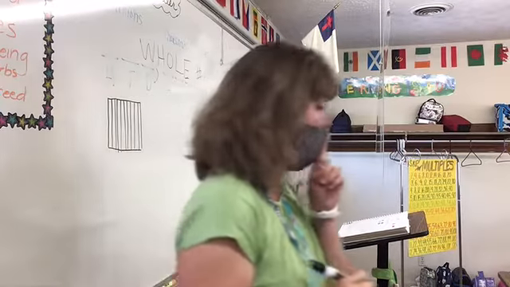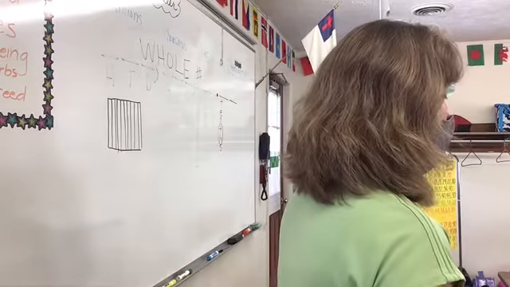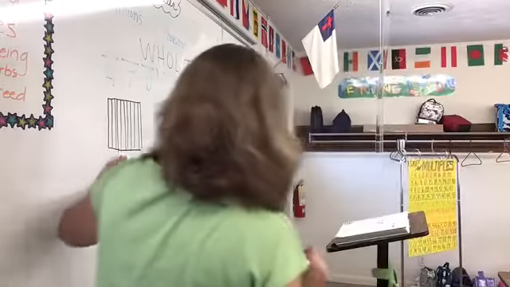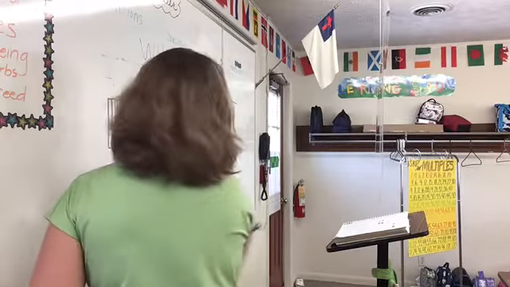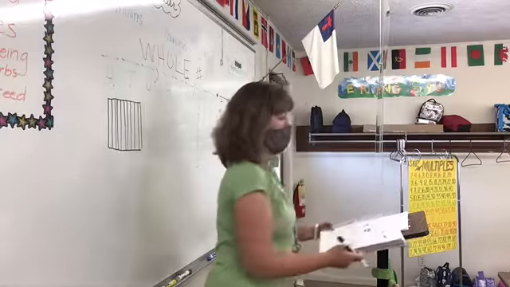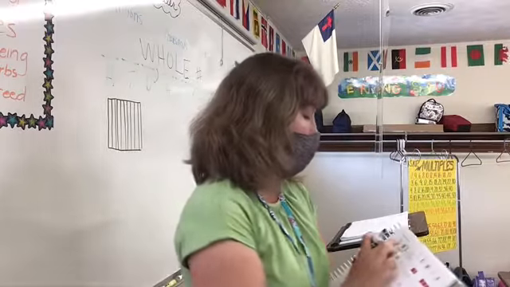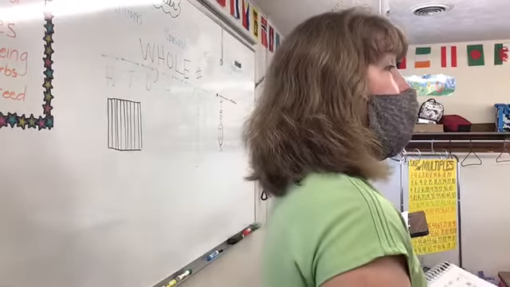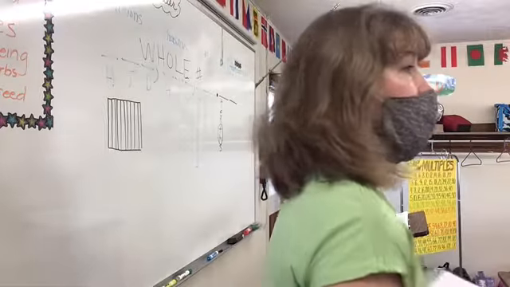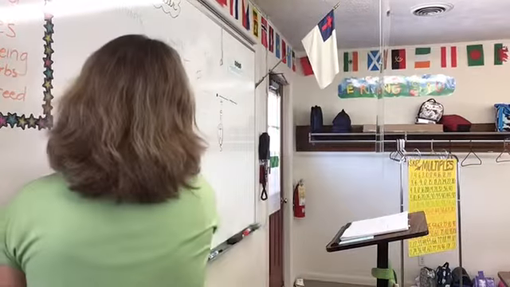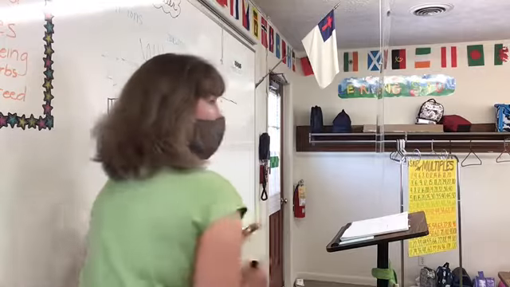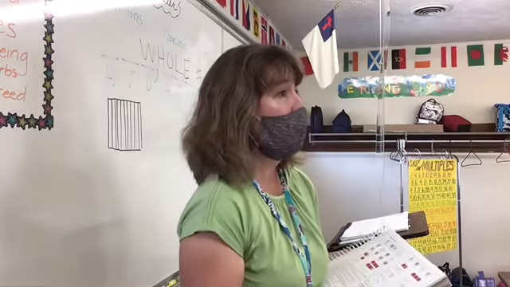Let's say I have a pie here. Let's do the example on our page. If we wanted to eat the whole pie, then we would just color in all those, because a whole pie means the whole thing.